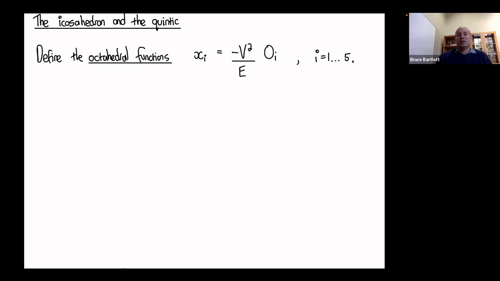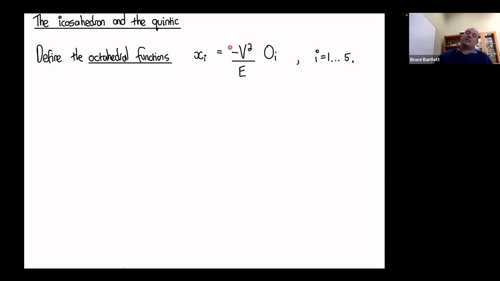Good. So now I can explain the precise connection between the icosahedron and the quintic. I did say it before, but now I'm showing how I got there. Define the octahedral functions to be the octahedral polynomials multiplied by minus V squared over E. Remember, this is of degree 6 in U and V. V is of degree 12, so V squared is of degree 24. So 24 plus 6, the numerator is of degree 30. The edge polynomial is of degree 30.